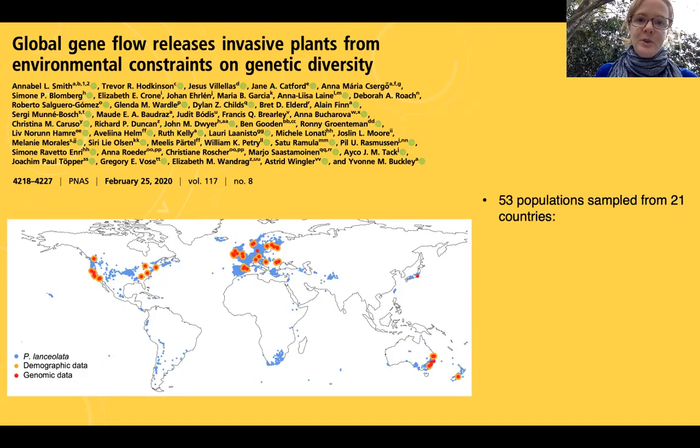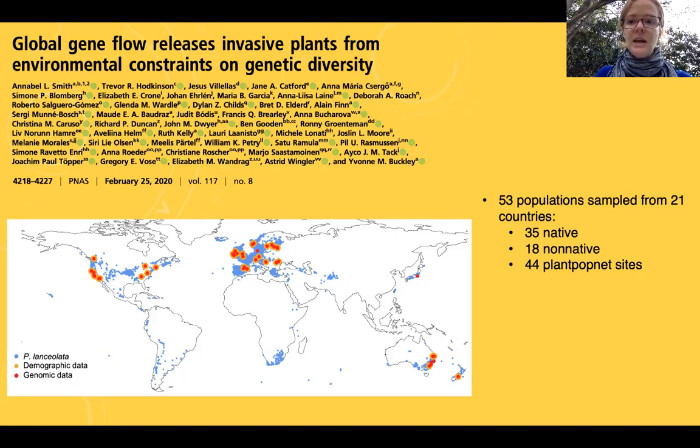There were a total of 53 populations from 21 different countries. 35 of these were from the native European range, 18 were from the non-native range, and 44 of those sites were official PlantPopNet sites. So most of the populations we used in this study had matching demographic and genetic data.